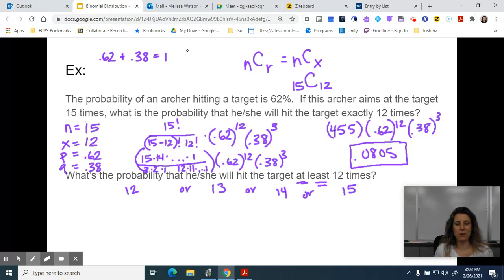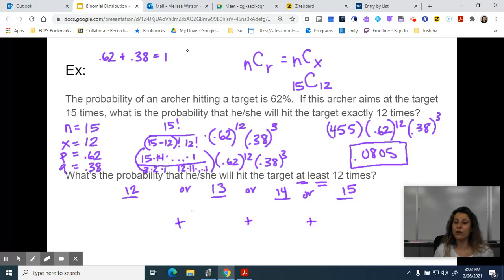We were target shooting 15 times. So this is actually 4 probabilities that we have to find separately. And hopefully we're thinking about what "or" means. Or means addition. So once I find these probabilities, I would need to add them up.